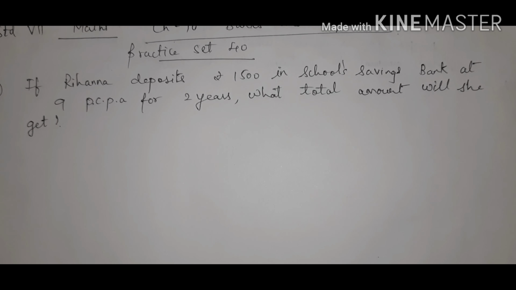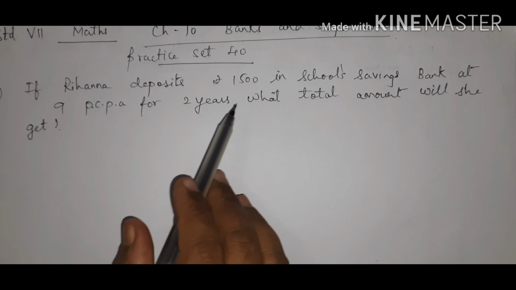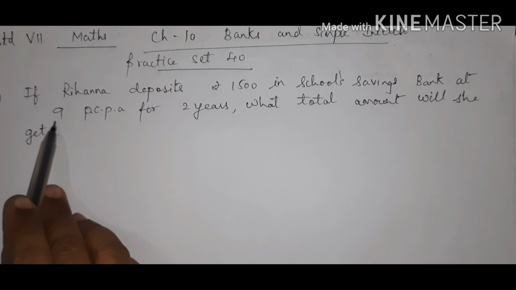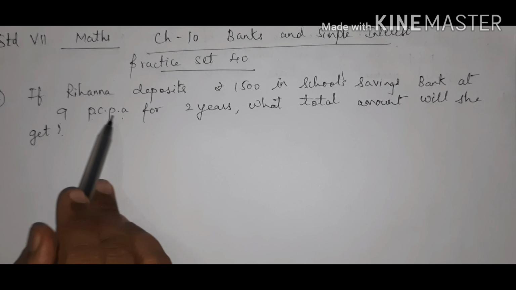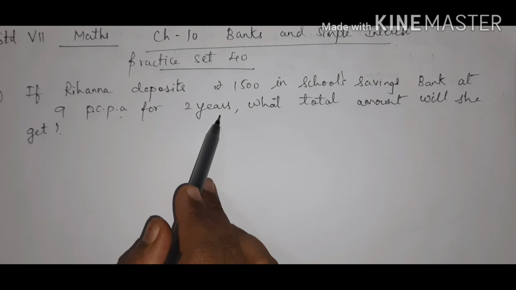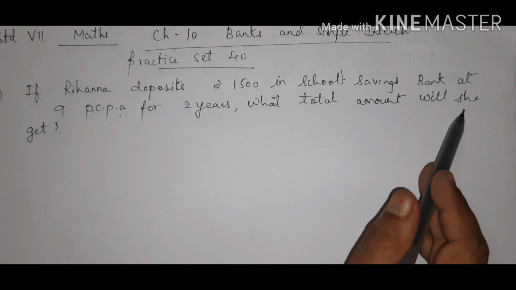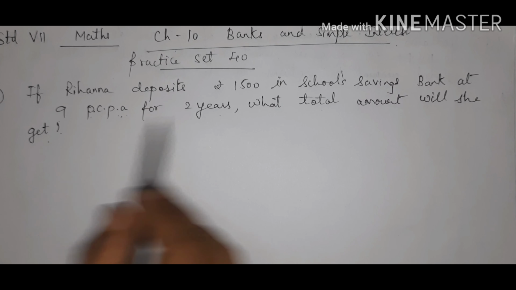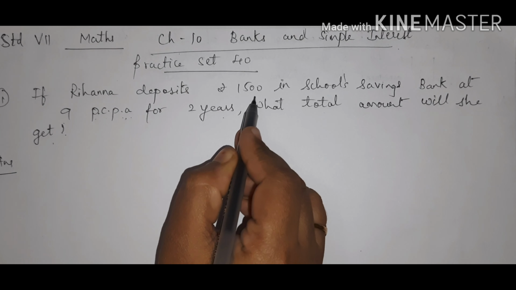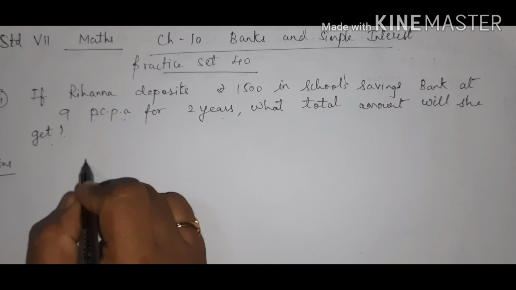See your first question, children. If Rihanna deposits rupees 1500 in school saving bank at 9 PCPA, percent per annum, this is rate of interest 9, for 2 years, how much is the time? 2 years. What total amount will she get? So let us write first what is given to you. Whatever amount is deposited, that amount will be called the principal.